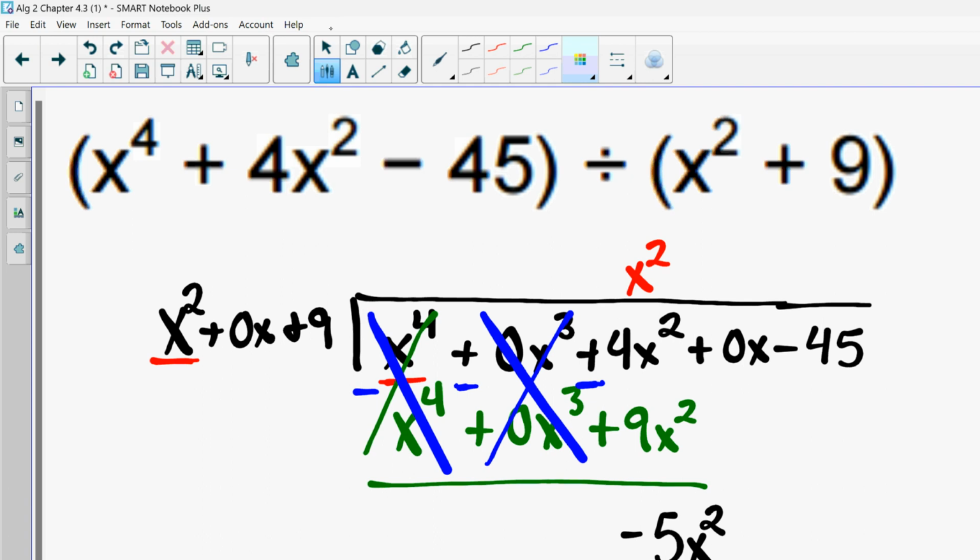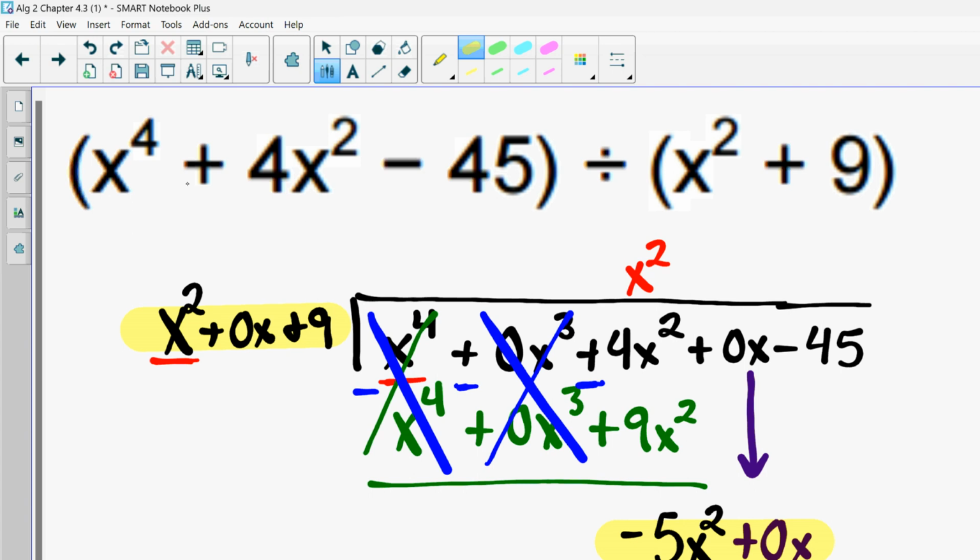And just like with the previous ones before, we can bring down our 0x. Now when we bring this down, how many terms do we have here? We have 2 terms. Highlighter, please. There we go. How many terms do we have here? We don't have enough terms down below what we're dividing, do we?